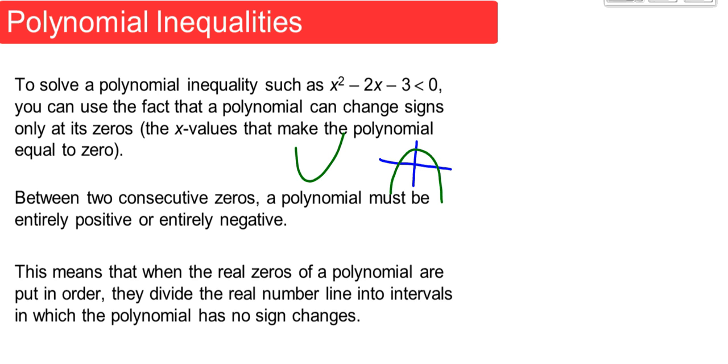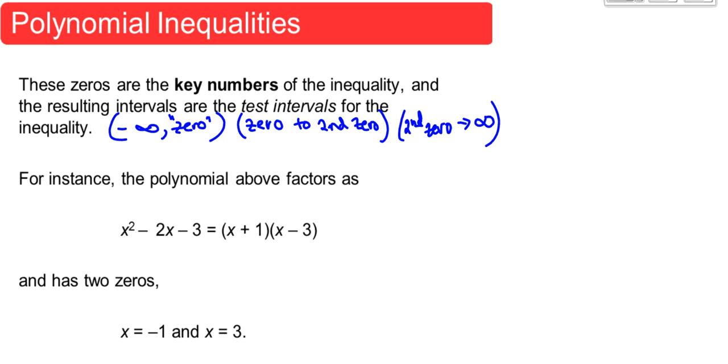If we know the real zeros and put them in order, all we need to know is the sign, positive or negative, of the y value to know whether it's greater than or less than 0. These zeros are the key numbers of the inequality, and the resulting intervals are the test intervals.